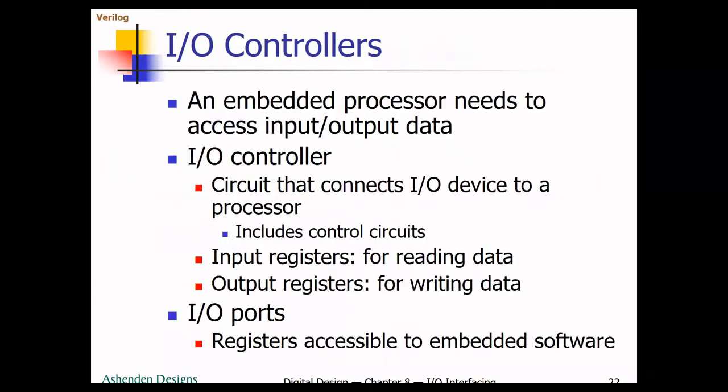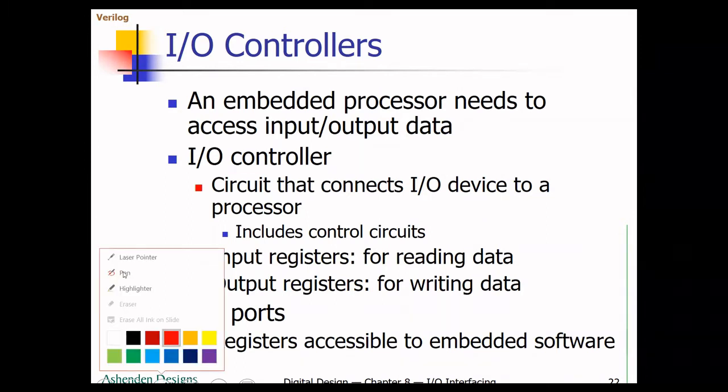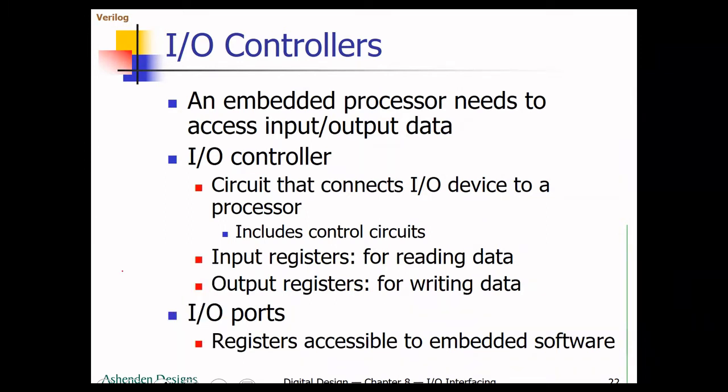Okay, so moving further. Let me have today's session on the IO controller. An embedded processor needs to access the input and output. I hope we talked about it last class. If you have some question, I'll just recap. Okay, no problem, Chandana.